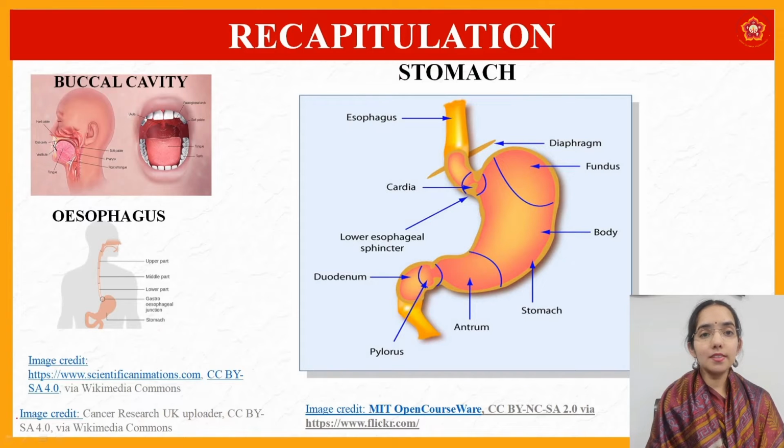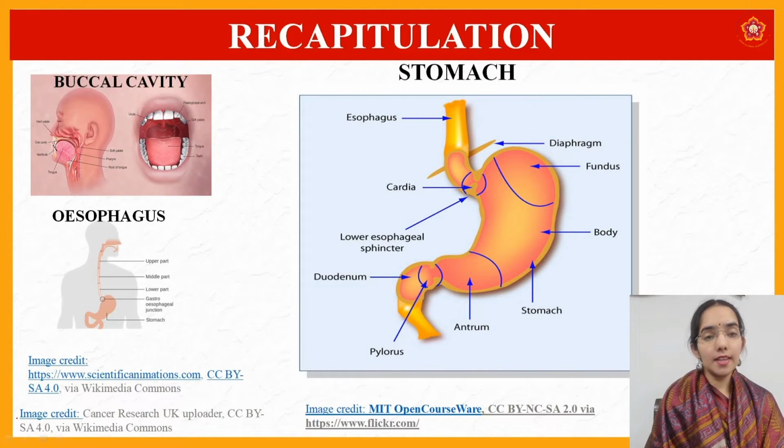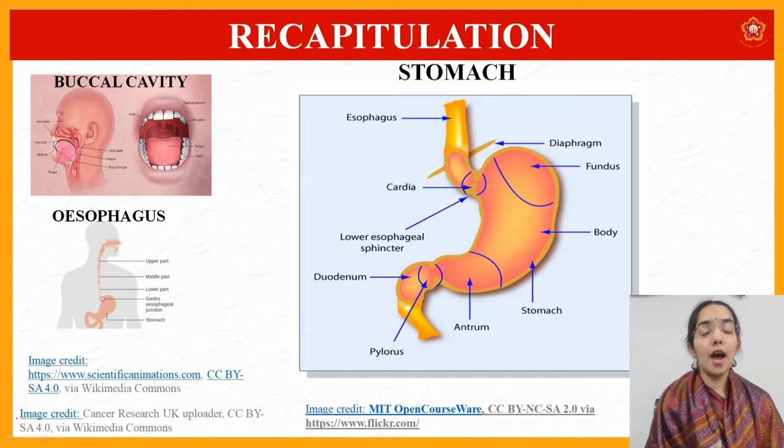Now what happens in the stomach? We studied that 3 types of gastric secretions are released. What are those secretions? They are the mucus, hydrochloric acid, and the digestive juices. The hydrochloric acid, or HCl, kills the bacteria present in our food.